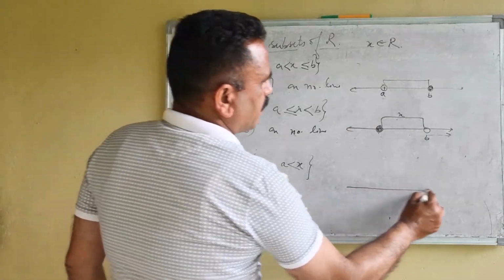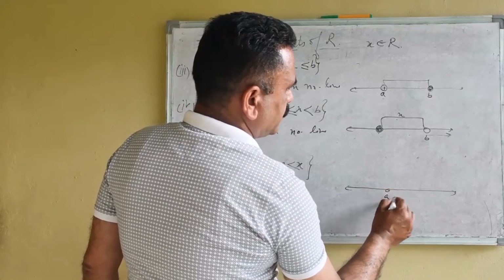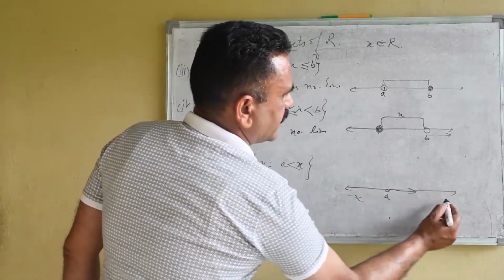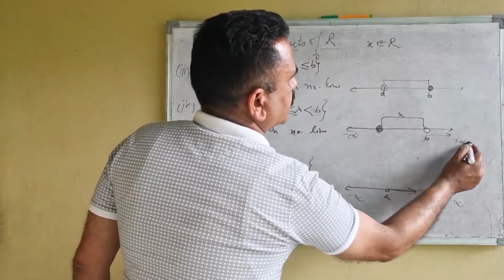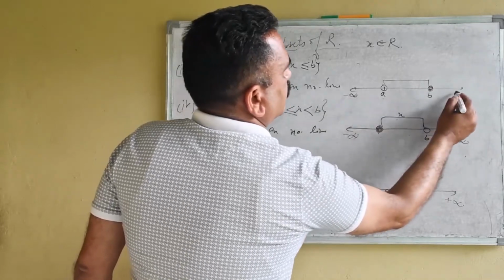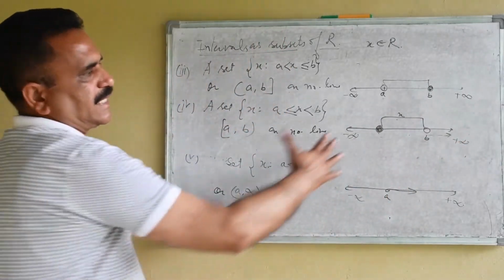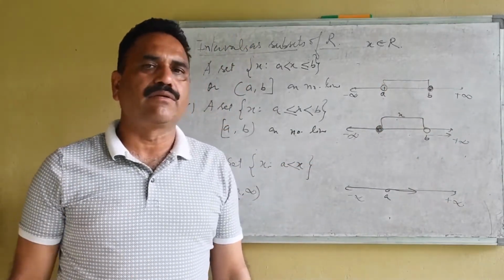Similarly on the number line, if you want to represent it, then suppose this value is a, then it will be like this. This is minus infinity, this is plus. We know this very well about the number line. As we proceed on the right side, there will be increase in the value of the number.